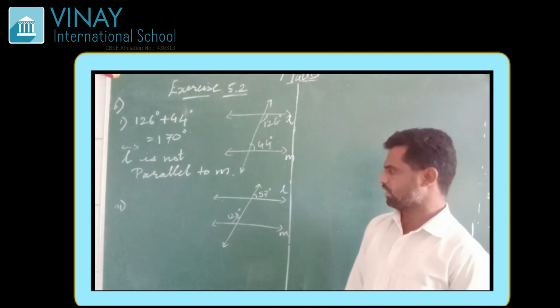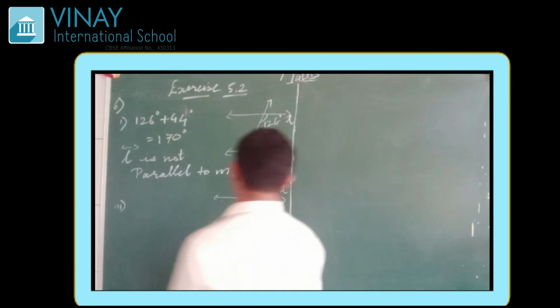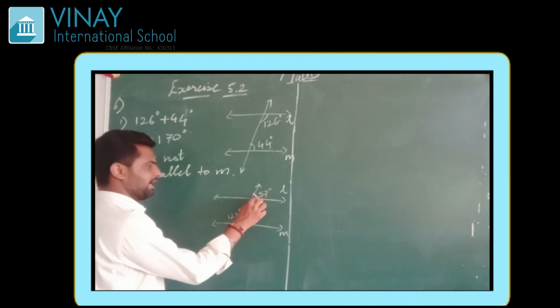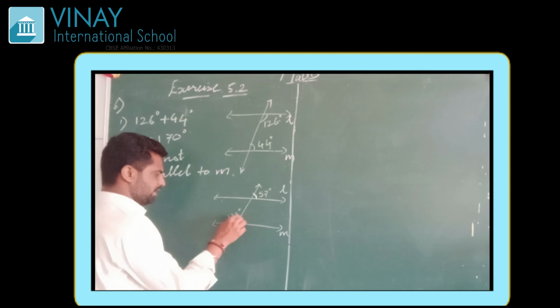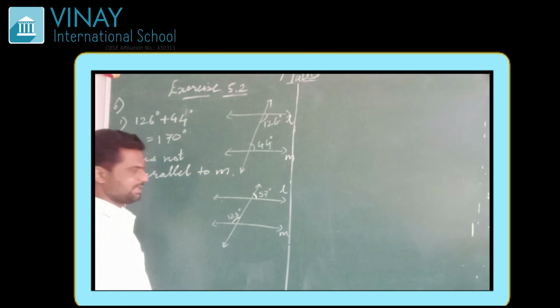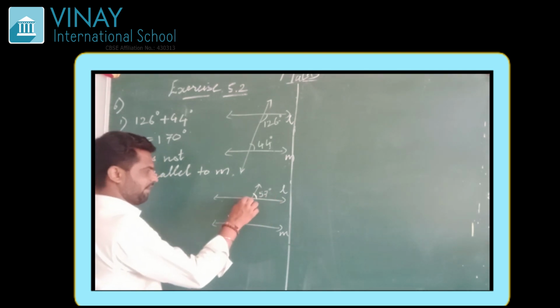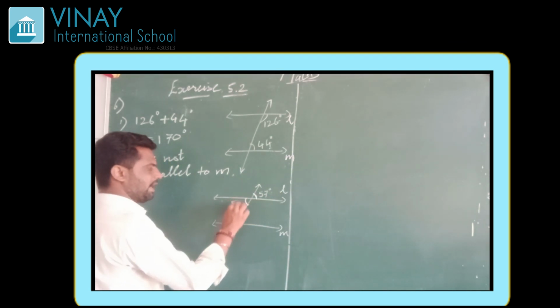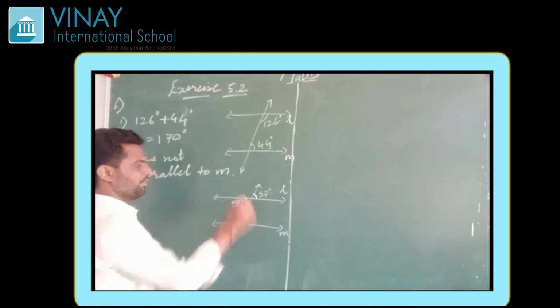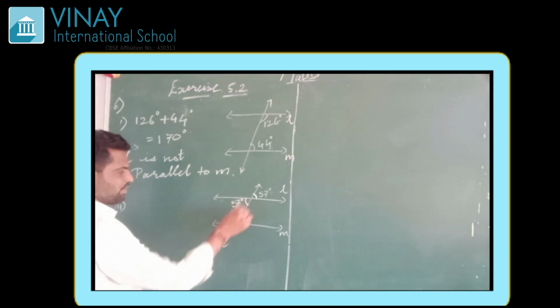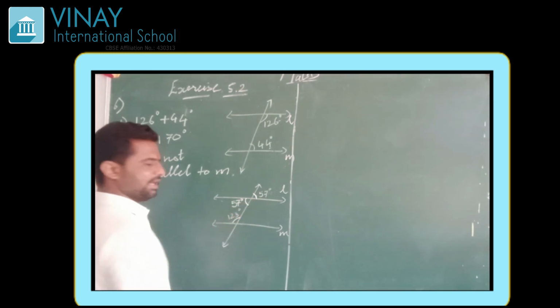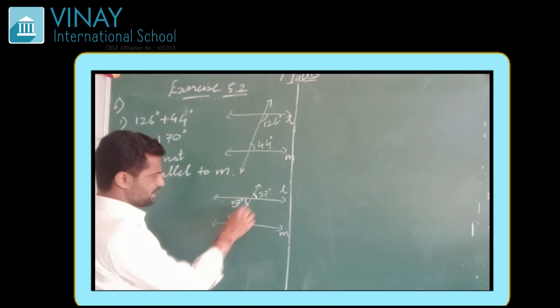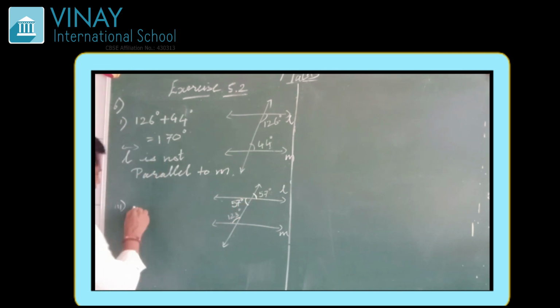Now let us see question number 3. Here again it is given that this angle is 57 degrees and this is 127 degrees. These are vertically opposite angles, so this is also 57 degrees. Now again we have to check whether these two interior angles on the same side of the transversal are supplementary or not.